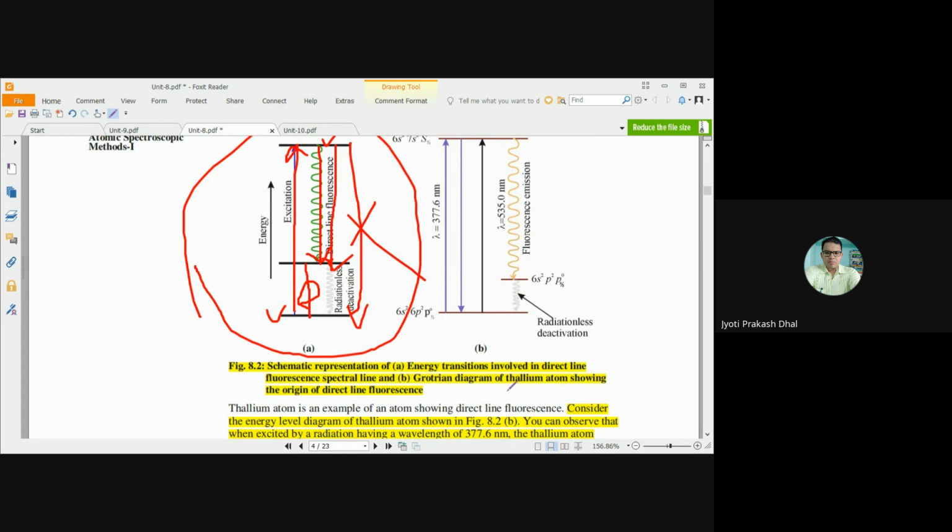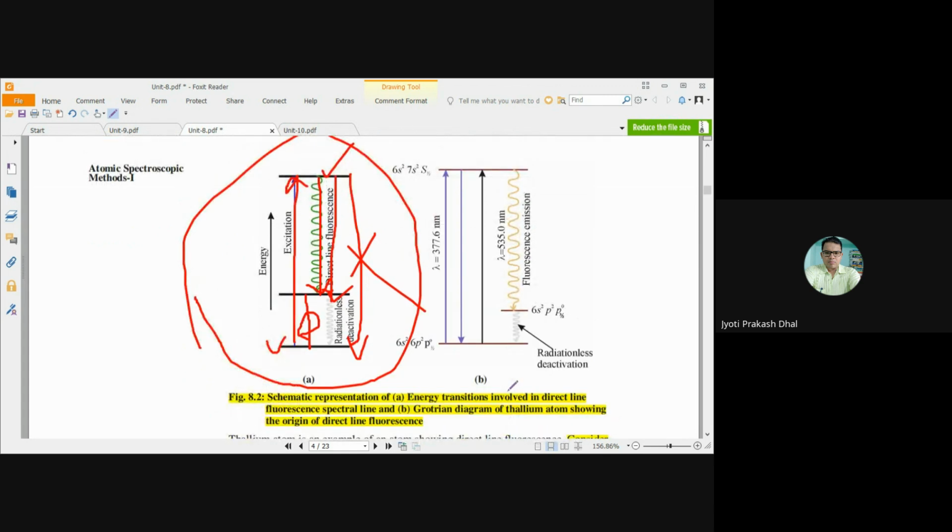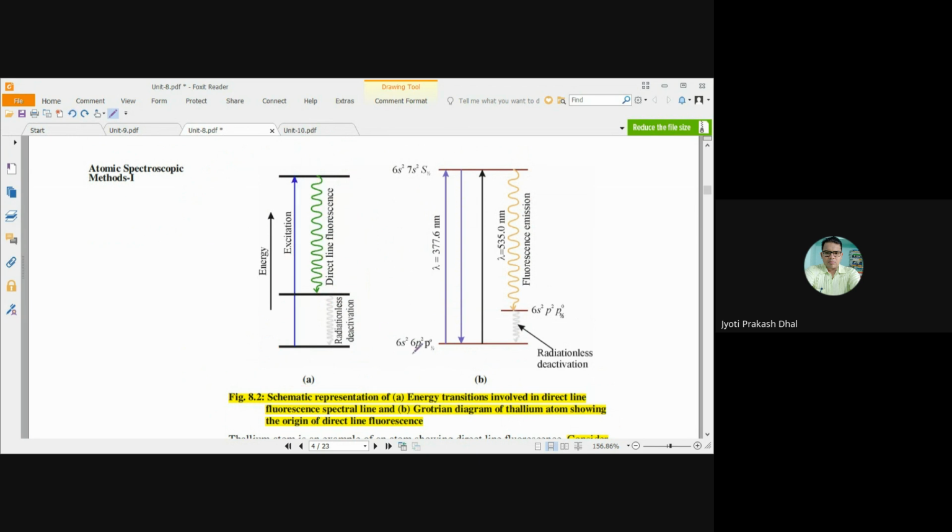That is the case of the thallium atom. You can see for the thallium atom, the electrons are present in the outermost energy level, that is 6s2 6p. So here, the electron undergoes transition from 6p to 7s energy level by absorbing electromagnetic radiation with wavelength 377.6 nanometer.